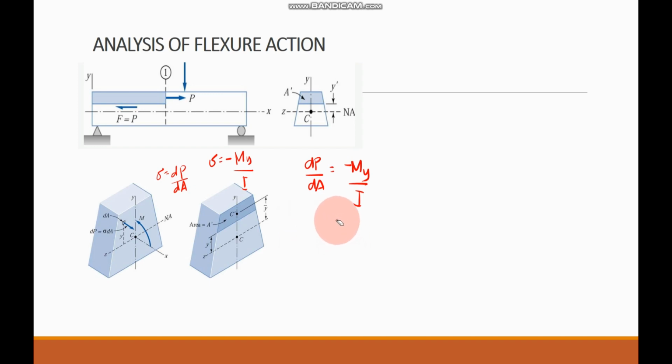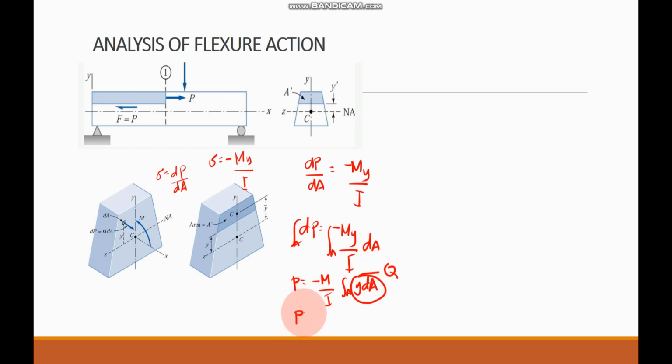And then transposing dA, and integrating this over the area, we have P is equal to negative M over I times the integral of Y dA, in which our Y multiplied with the differential area would be equal to our Q, or our static moment of area.